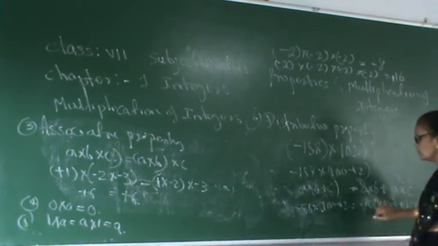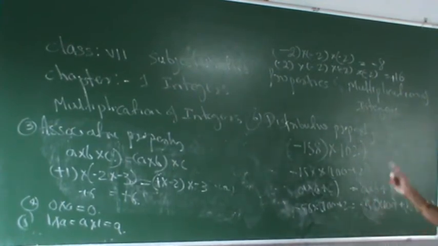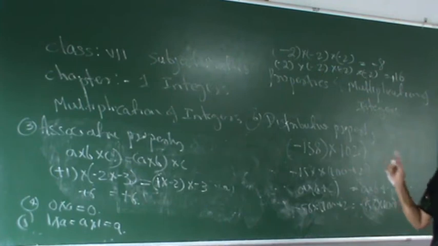This is the splitting we are doing. This is called the distributive property of multiplication over addition.